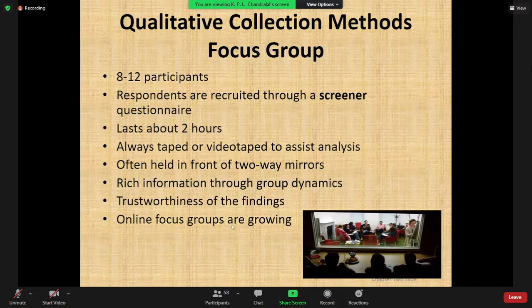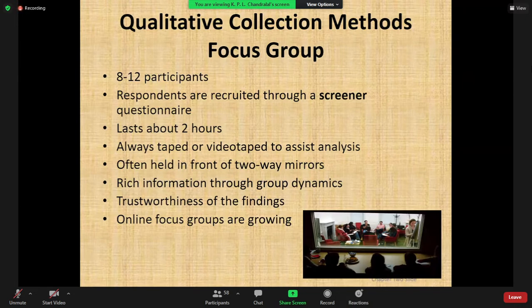So with this focus group discussion, we can obtain more rich information, particularly due to group dynamics. Group dynamics. So what does it mean?